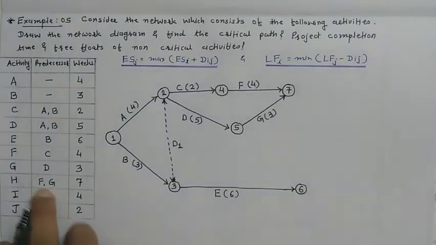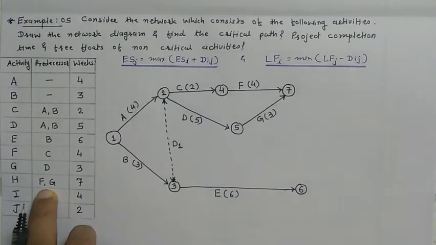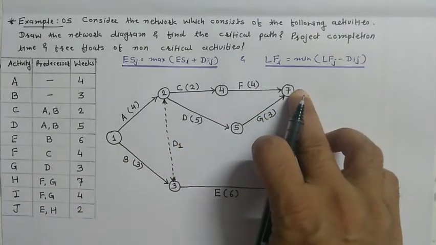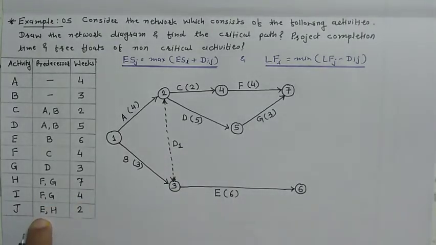Now activity H will start from F and G. Here F and G activities are finished, so H will start over here. But in the last activity the predecessors will merge, E and H will merge. This is E, so H will merge in this event.